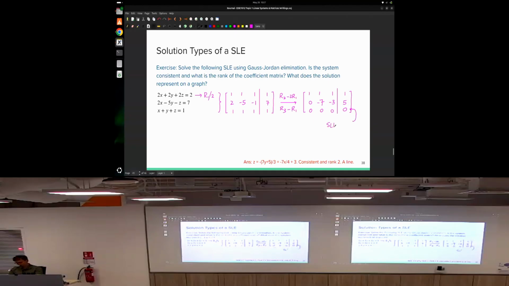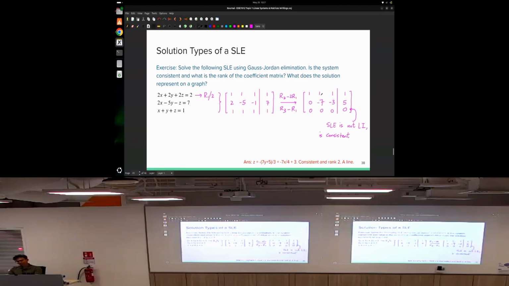So the system is not linearly independent, but because you do have consistency, meaning you don't get, for example, 0 equals 5, no such thing. 0 equals 0, perfect, no problem. Okay? Not linearly independent, but consistent.